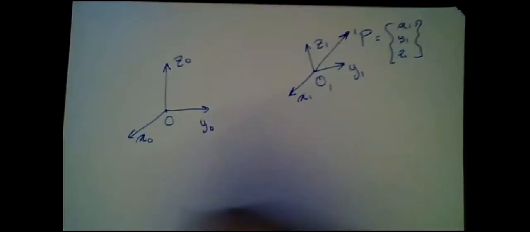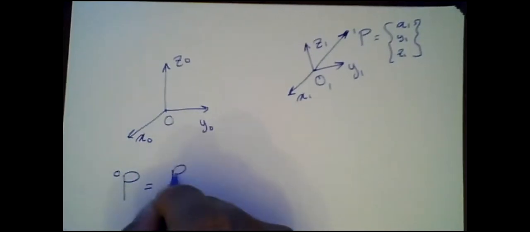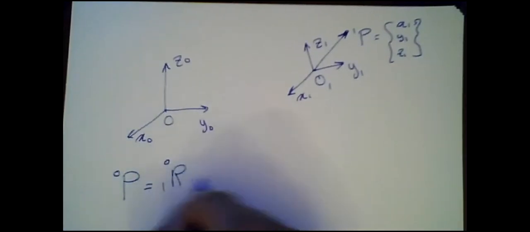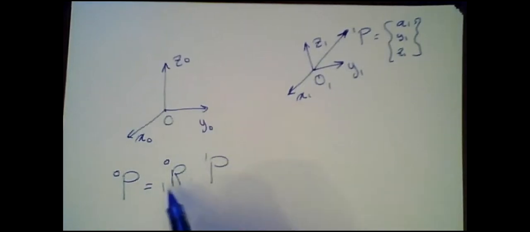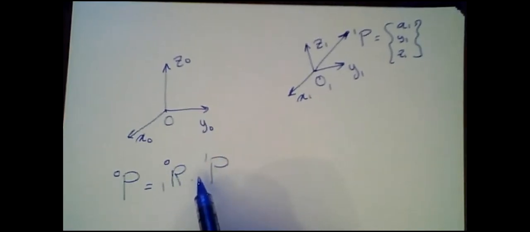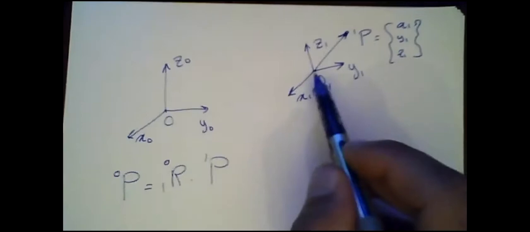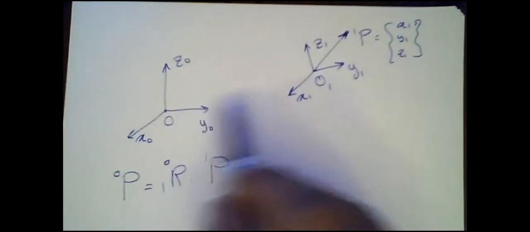When I say P0 is equal to R01 multiplied by P1, notice the index here, R01 multiplied by P1. This index has to be equal to this index to be able to do a rotational transformation. If I'm doing this, I am ignoring the offset between the two frames.